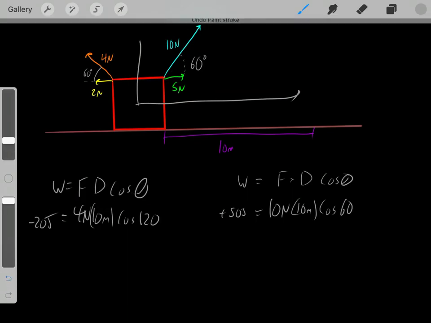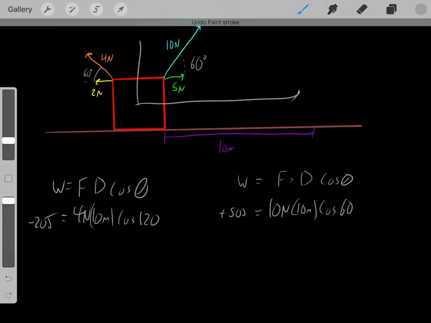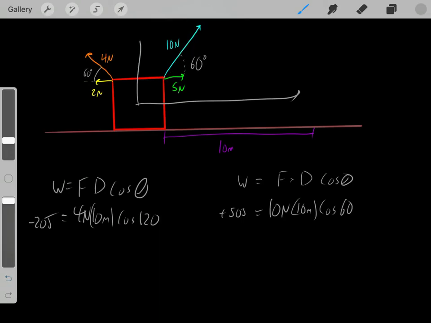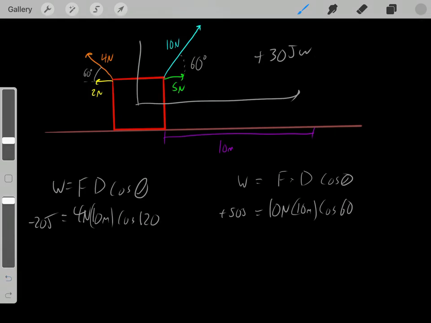So now we know this 10 Newton force did positive 50 joules of work, while this 4 Newton force did negative 20 joules of work. So in total these forces did positive 30 joules of work. And there are different ways we could have come to that conclusion. We could have found the net work done in the direction of motion.